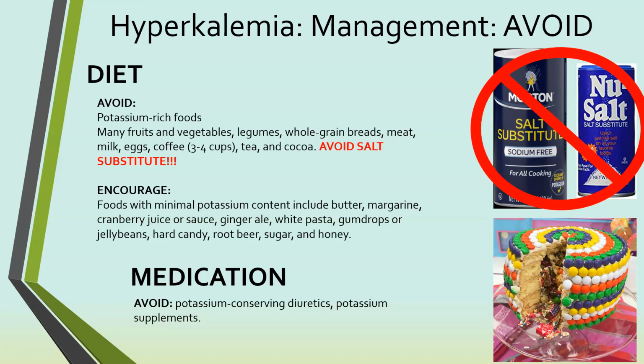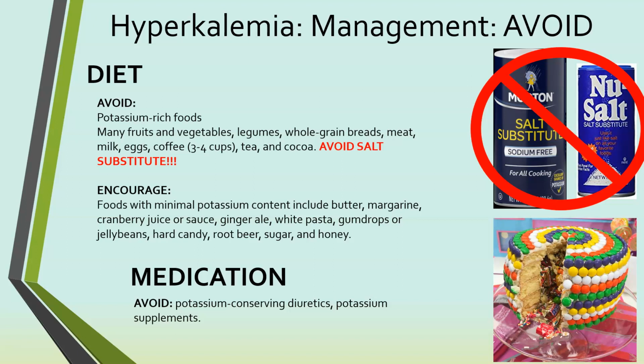And not to get thrown off, but you want to make sure that these patients avoid salt substitutes. I'll talk a little bit more in class about them, but salt substitutes actually are high in potassium. It kind of tastes like salt, but it's not salt. And it's not the same thing as something like Mrs. Dash, because Mrs. Dash doesn't have any salt in it, but is other herbs.